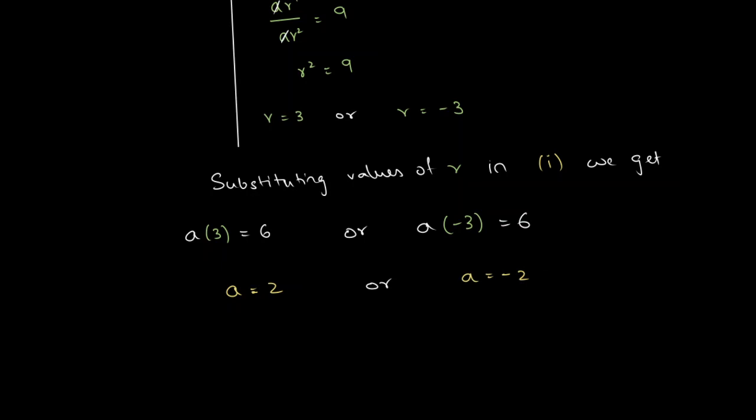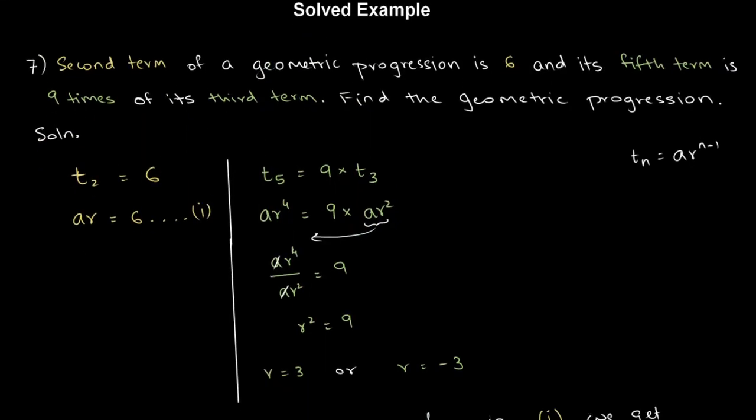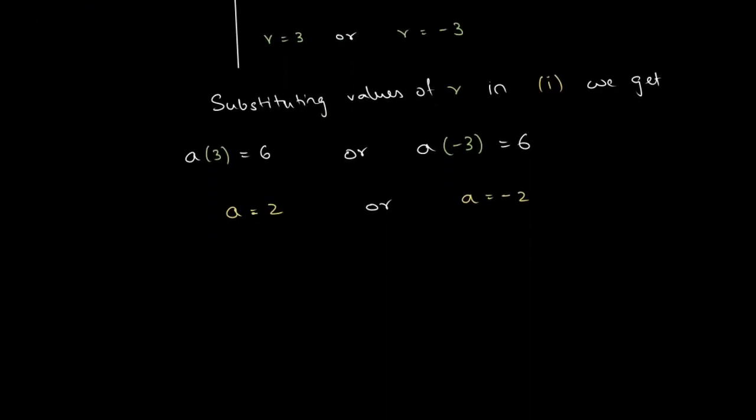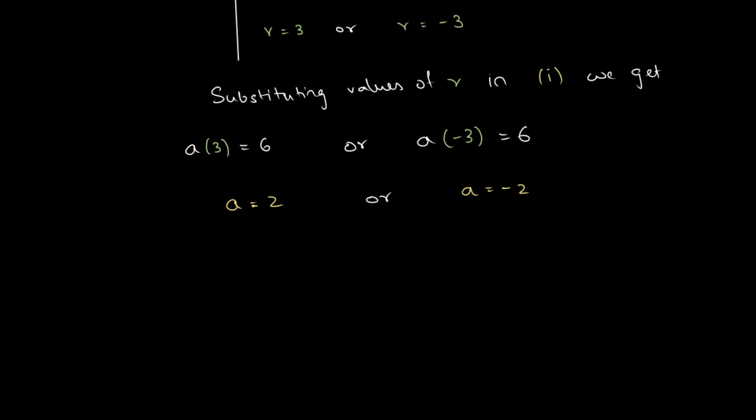So I have the value of a and the value of r. The question was to find the required geometric progression. If I have the first term and the common ratio, I can easily find the geometric progression. The first term is a, the term after that is a into r, the first term into the common ratio. So ar over here would be 2 into 3, which is 6, or in the second case, negative 2 into negative 3, which is also 6.